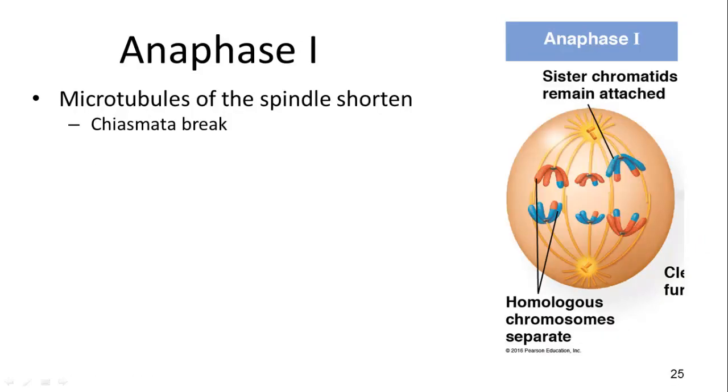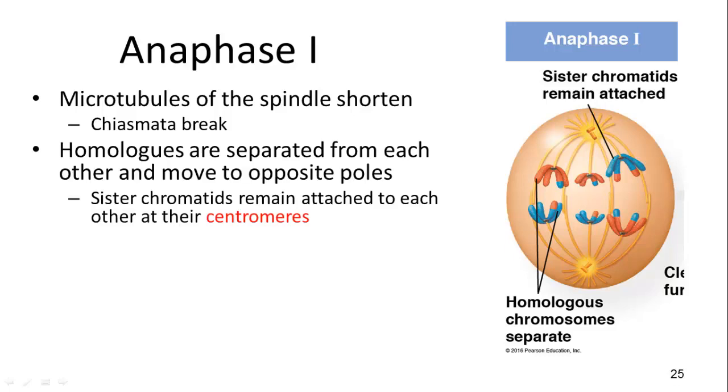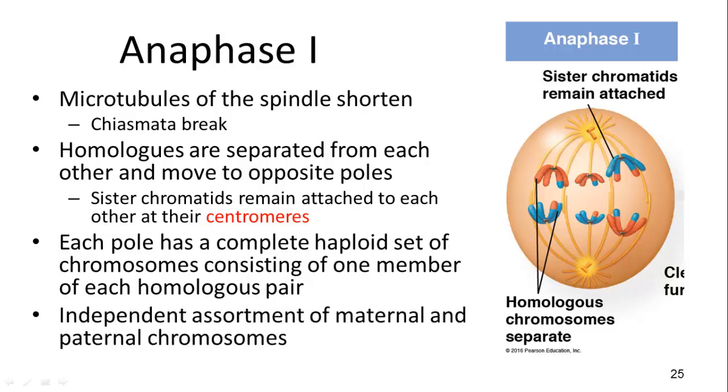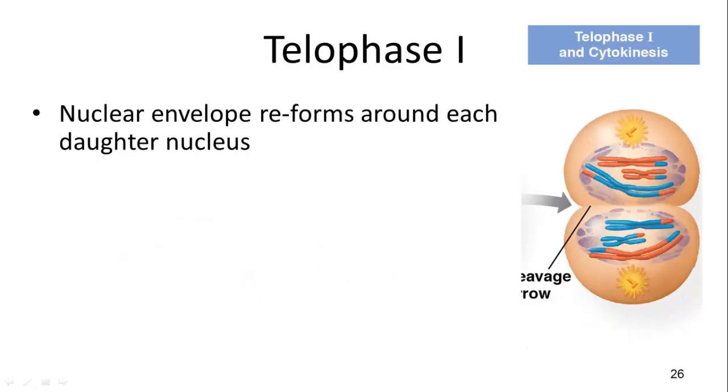At anaphase, again, they separate, the chiasmata break, and they go to different poles of the cell. The sister chromatids remain attached at their centromeres, and then each pole at this point has a haploid set of chromosomes. And they are independently assorted.